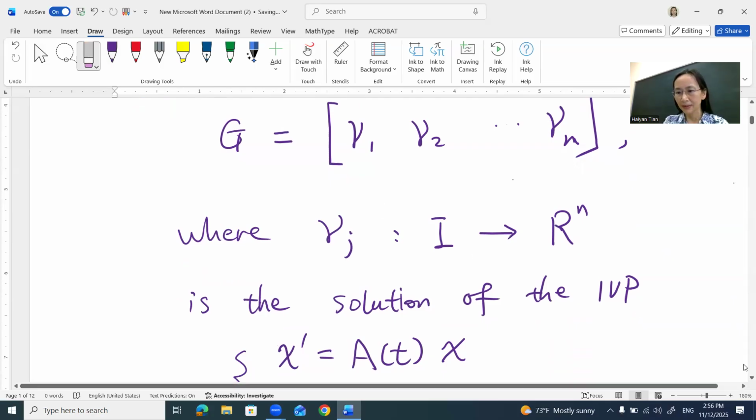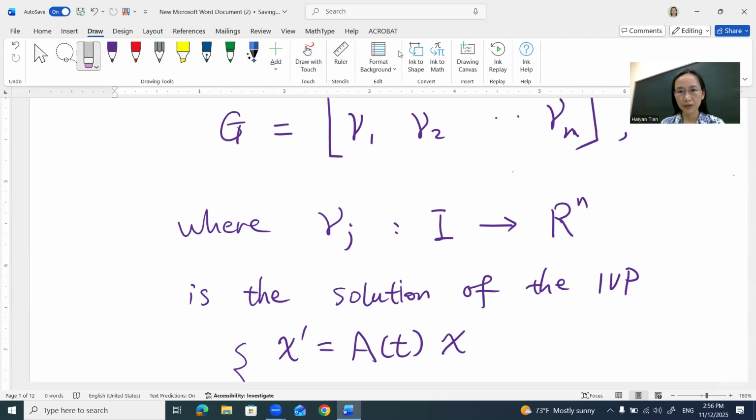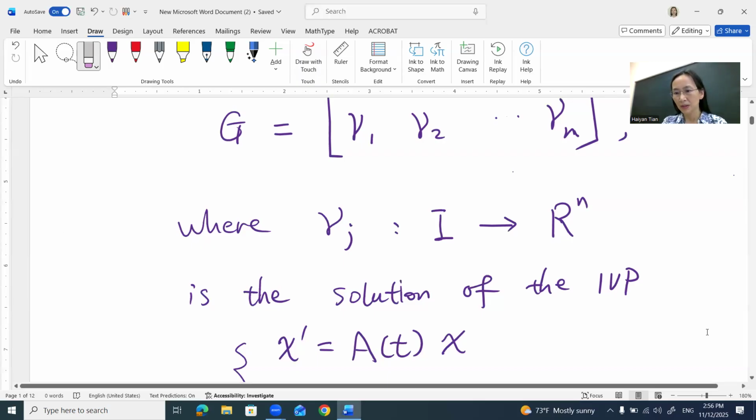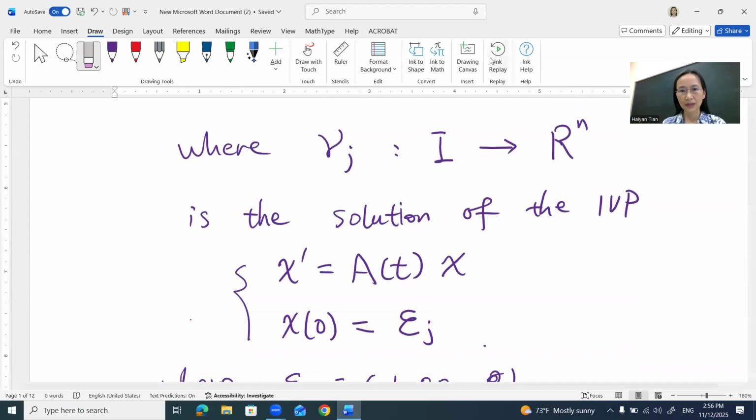But they correspond to different initial data. So gamma 1 satisfies the homogeneous system with the initial data given by epsilon 1.